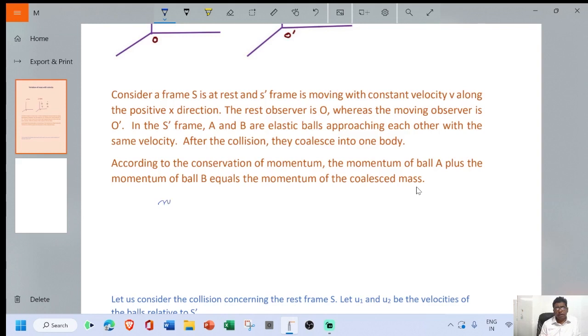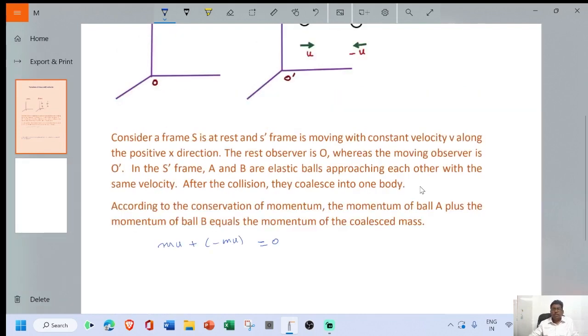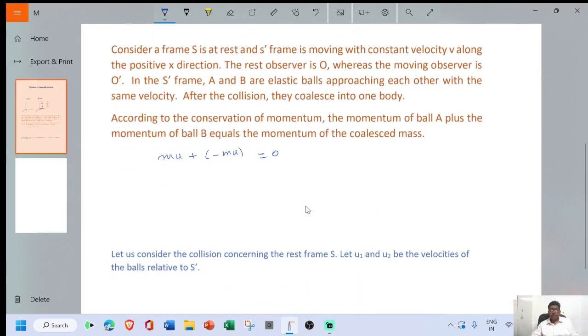That is, m into u plus minus m into u, which is equal to 0. This is the momentum before collision of A. This is the momentum of the ball B before collision. Then after the collision process, the two bodies are reduced into a single body, which is at rest for the observer O dash.